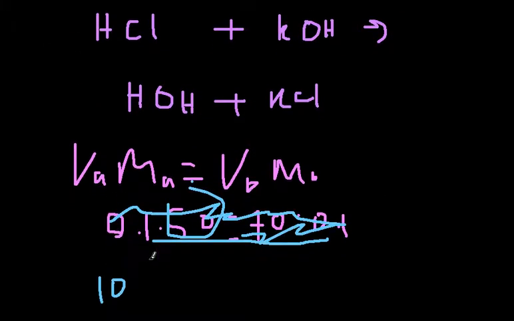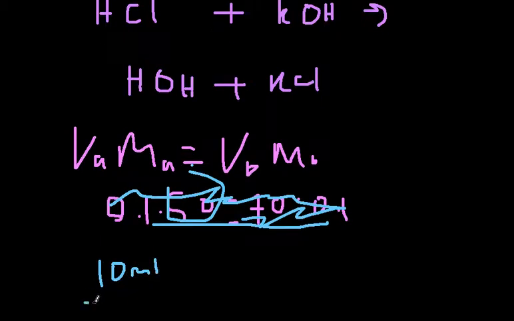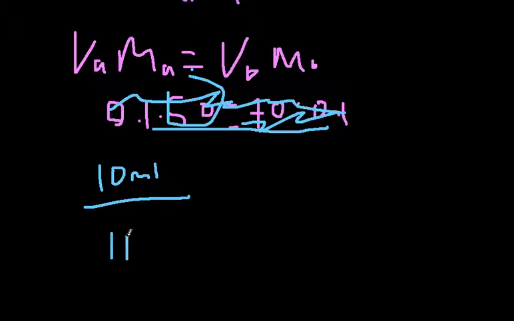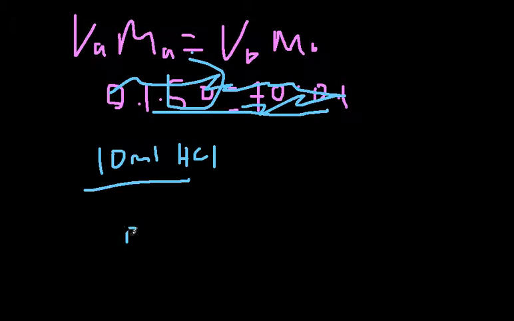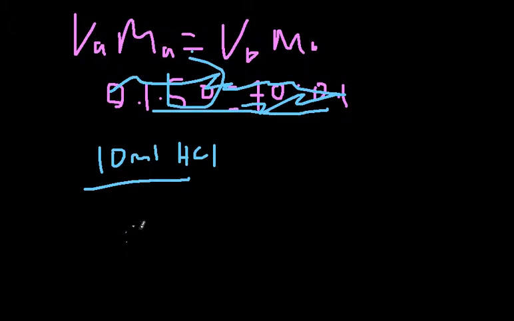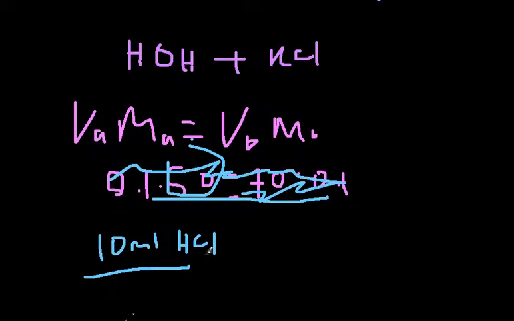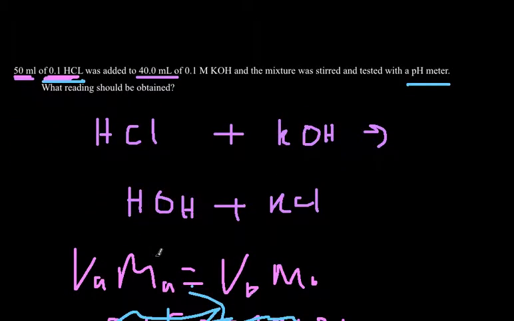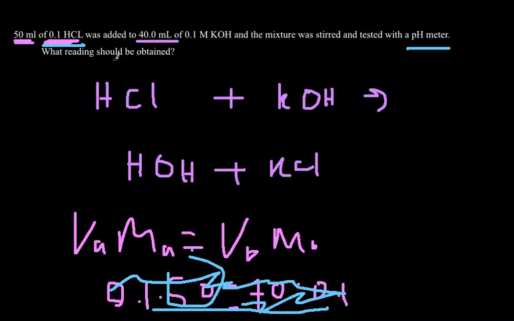So let's find 10 ml of HCl divided by, so we want to convert this to moles first, because we want to find the concentration to find the pH. Then you find the concentration of leftover H plus ions. So therefore, we need to find the leftover HCl.